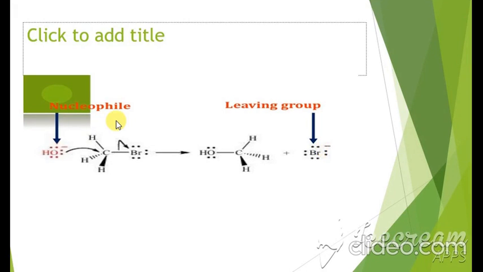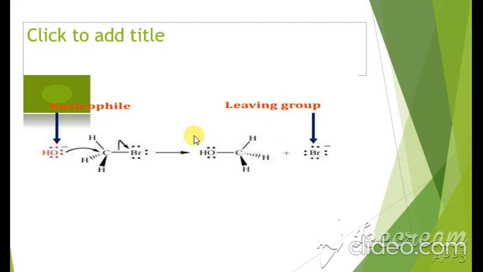So in the nucleophilic substitution reaction, there are three participants. One is the nucleophile, the attacking body. The alkyl halide is called the substrate, and the bromide that is replaced is called the leaving group. So the three participants are the leaving group, the nucleophile, and the alkyl halide substrate.